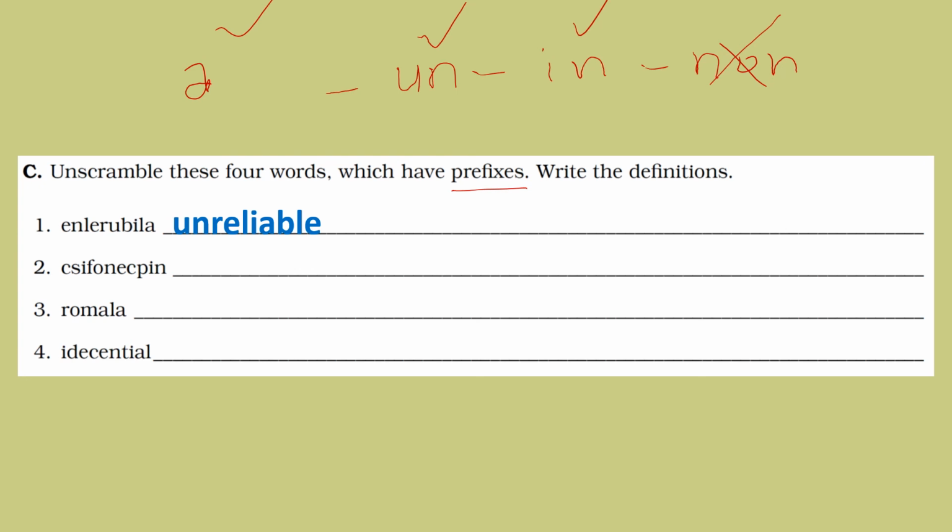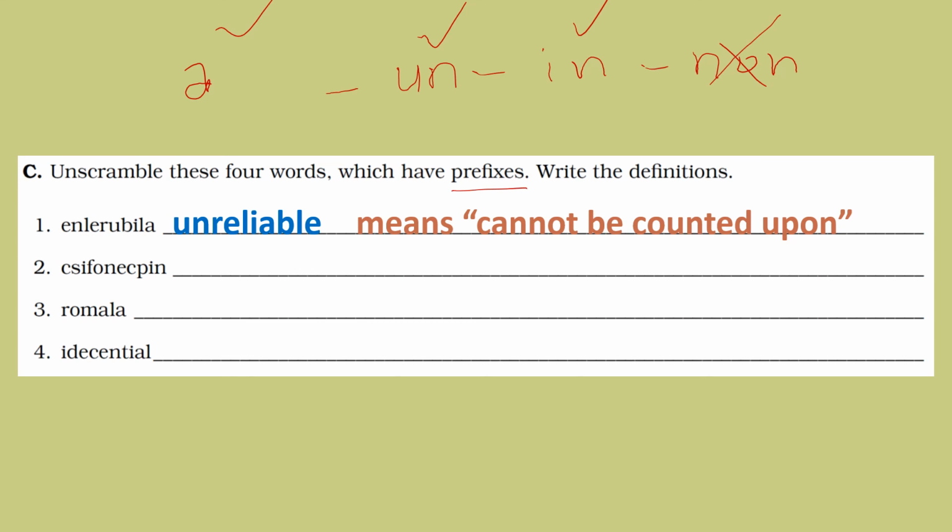We have to write its definition. If you already know the definition of the word reliable, you just add negation. Reliable means can be counted upon. You can rely on this person. But unreliable cannot. We just add negation.